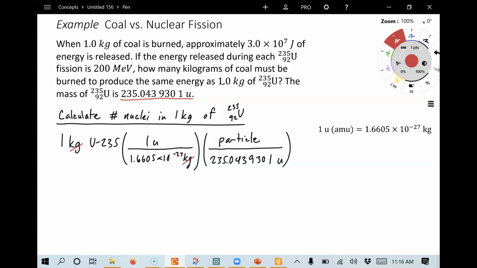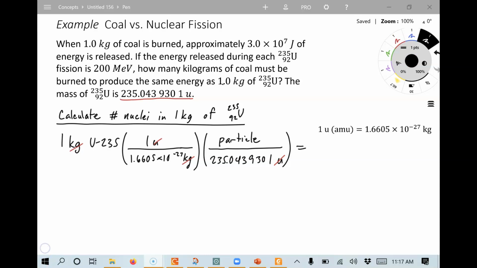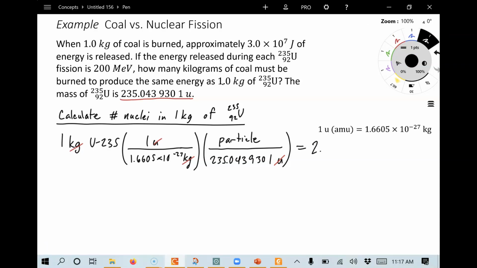Of course, we can cancel out the U's here, and we're going to end up with units of particles. We end up with 2.562 times 10 to the 24th particles. And that sounds pretty good because it's a large number, quite a bit more than 1 mole, and for a kilogram, that sounds pretty good.